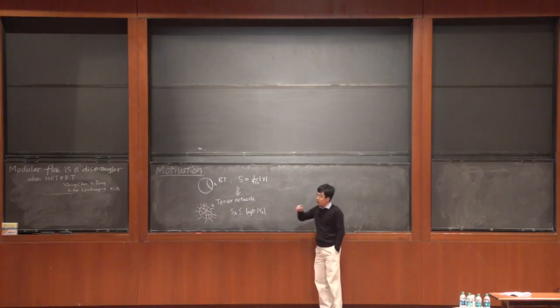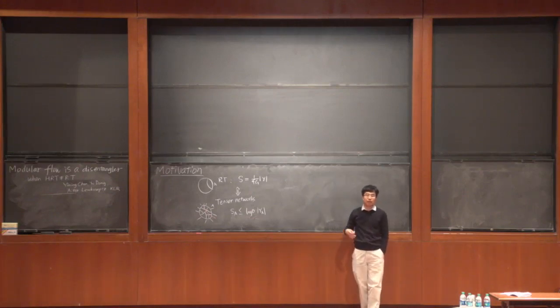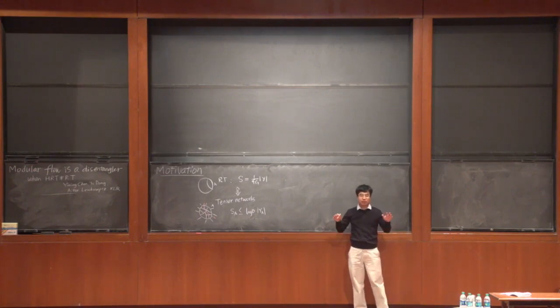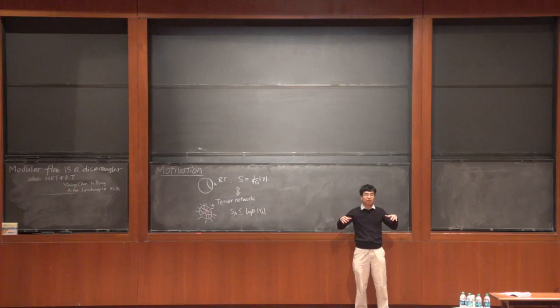Okay, so when you have this tensor network picture, you would like to apply it to time-dependent cases. When you think of some schematic picture, we usually think of a time-dependent geometry as corresponding to a tensor network that is also evolving in time.